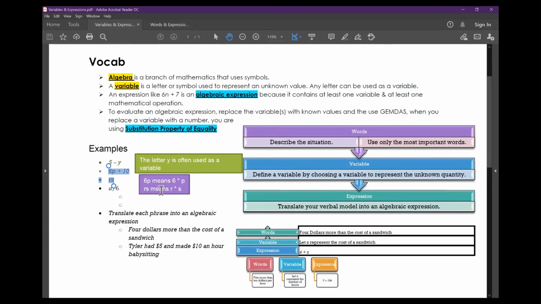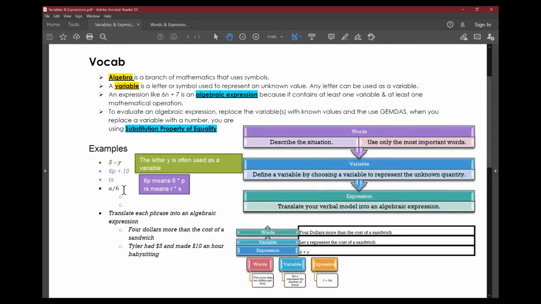The last one, a divided by 6, like I said on Monday, could be written in fraction form, a on the numerator and 6 on the denominator, or like I did, a divided by 6.